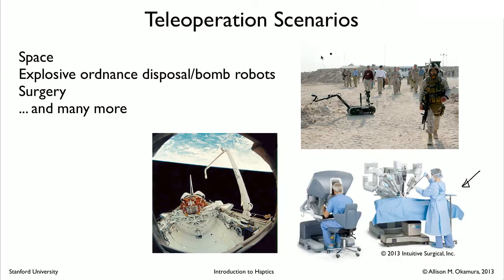Now, all of these teleoperation scenarios shown here don't necessarily have haptic feedback in daily practice, but this is one of the great potential areas of haptics, to improve teleoperation procedures in all of these mission critical and dangerous and important for health type of environments.